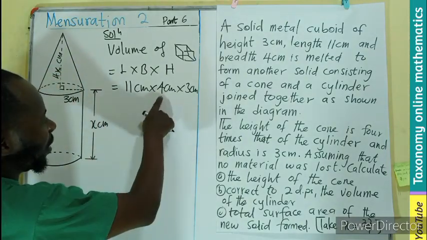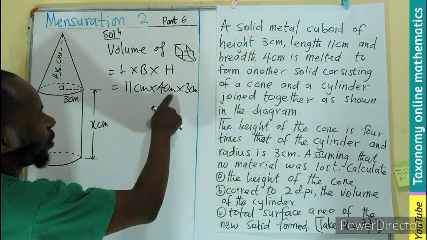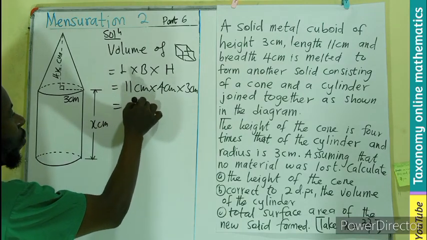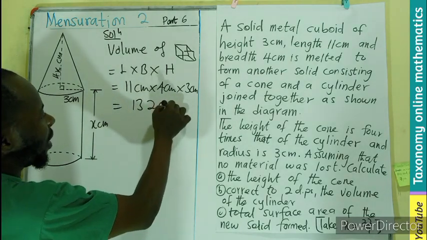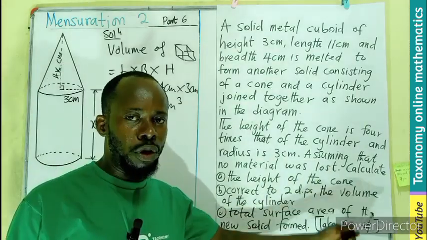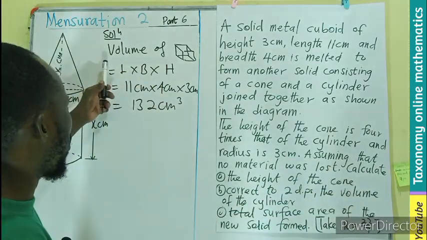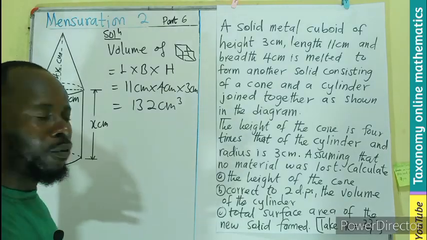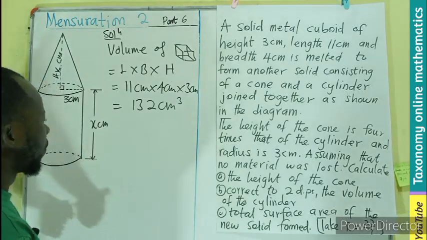I guess this will be 12, 12 times 11, 132, right? Then centimeter cube. So if no material is lost, then the volume of the cuboid will be equal to the volume of the new solid.